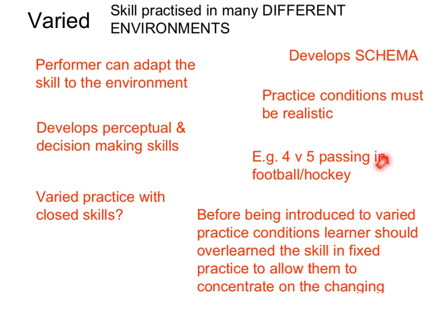Before an individual can undertake this 4v5 game, it would be important that they have overlearnt the skill of passing, possibly in a fixed drill, maybe working in pairs, passing back and forward, so that they become efficient at the skill and it becomes overlearnt. They can then enter this varied environment where perception and decision making become important.